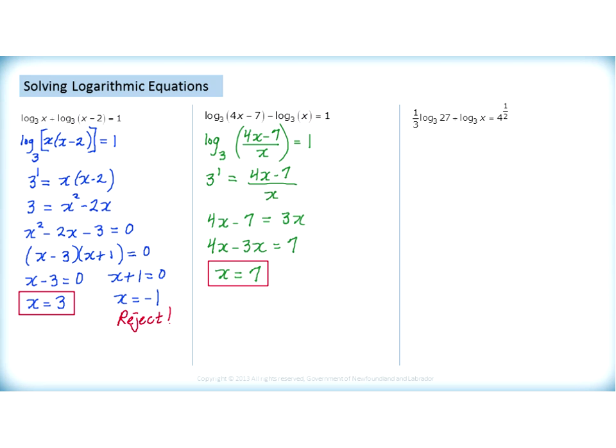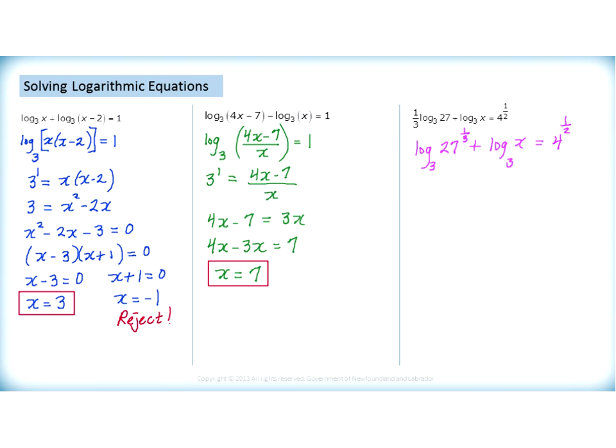In the third example, we have 1/3 in front of the log of 27. So we can rewrite that using the power law of logarithms as 27 raised to the power of 1/3 to the base of 3 plus the log of x to base 3 is equal to, and we can leave it as 4 to the 1/2 right now.